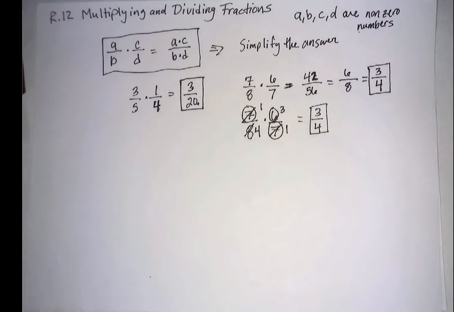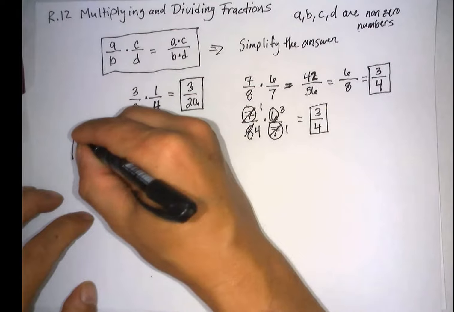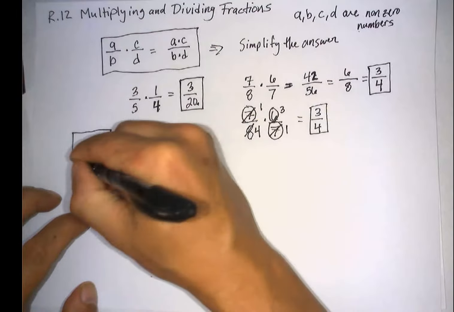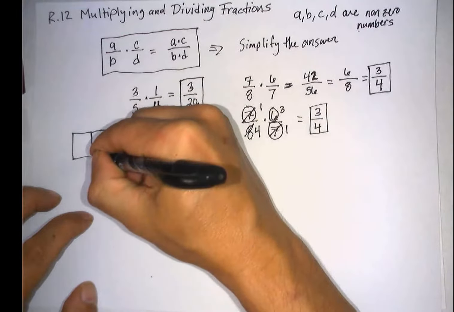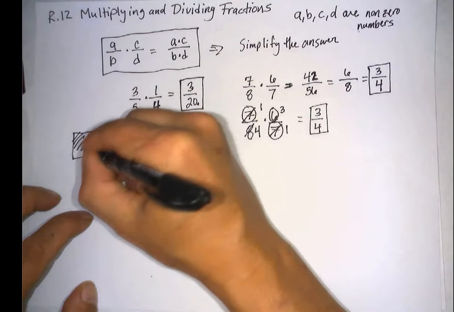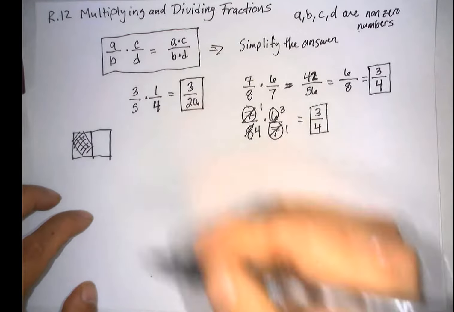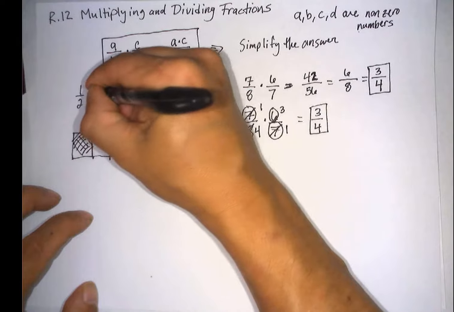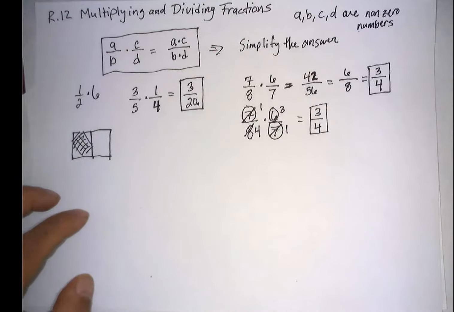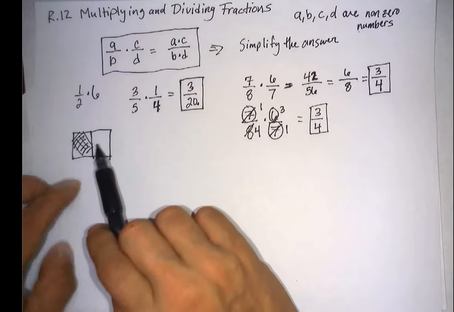Let's say I have 1/2. I'm going to draw a picture just so we can kind of see what this looks like. 1/2, and I want to multiply 1/2 times 6. So I'd have 1/2, and then one more half.